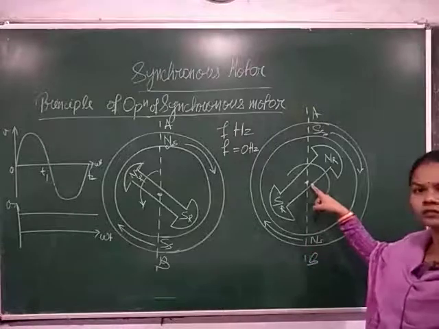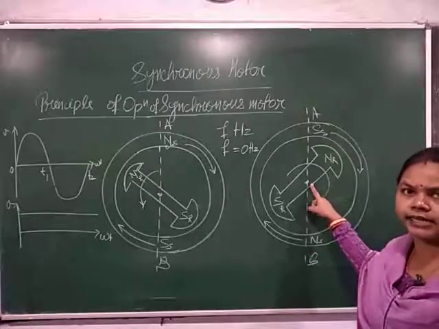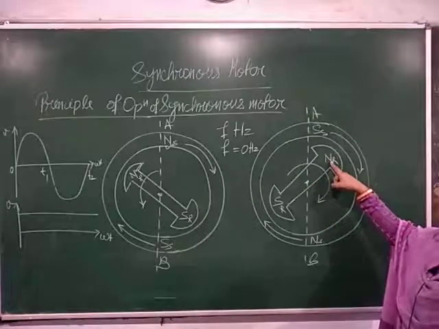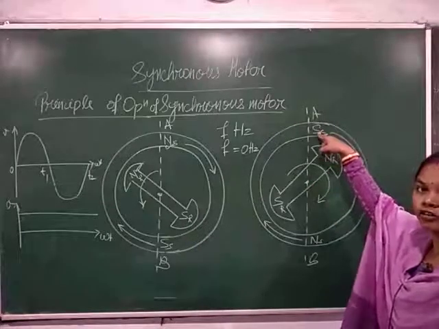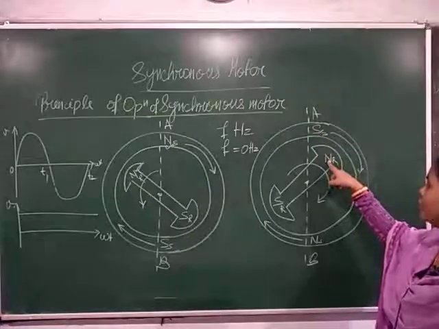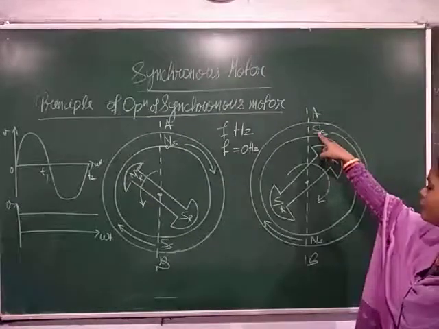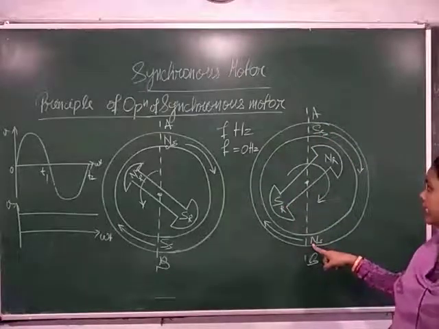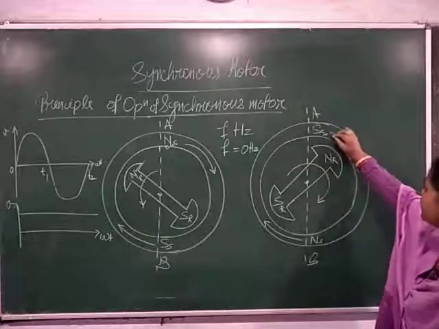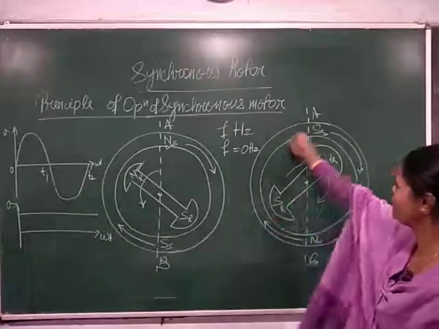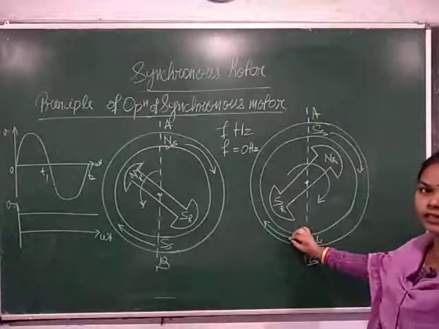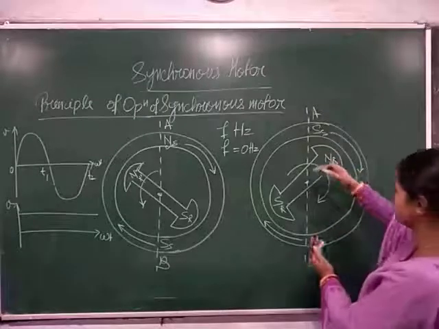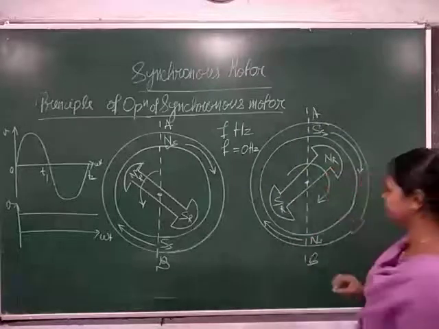The DC poles are as usual stationary. So in this condition, the north pole of the rotor faces the south pole of the stator, and the south pole of the rotor faces the north pole of the stator. They try to move in the same direction, that is the clockwise direction of the rotating magnetic field. So the rotor pulsates or tends to move in clockwise direction.